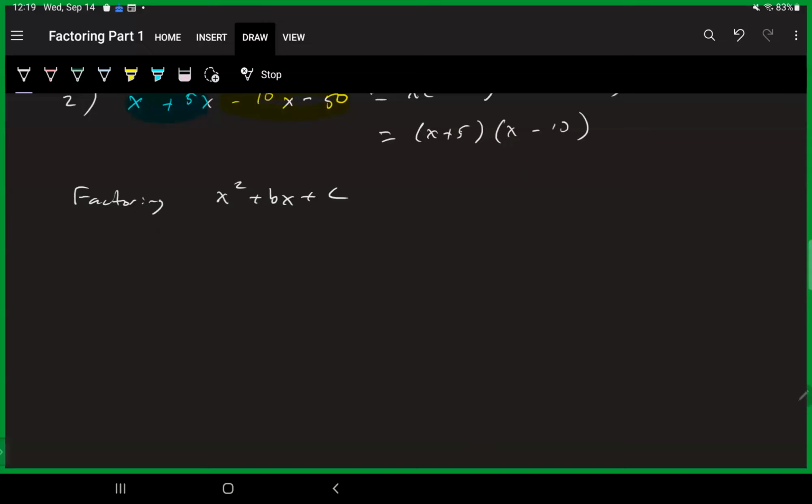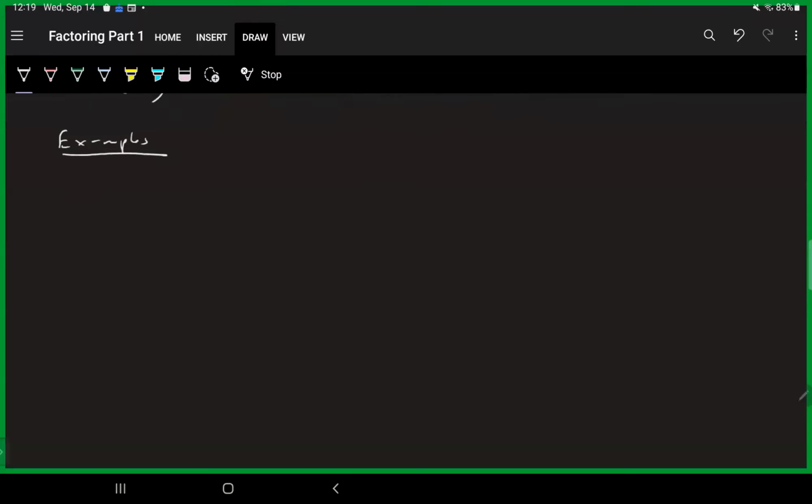And with these, I like to build my answers. So I'm going to just teach by example. And we're going to undo multiplication of polynomials. So let's look at example 1 of x squared plus 5x plus 4.